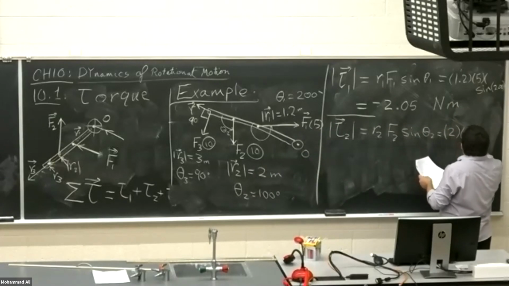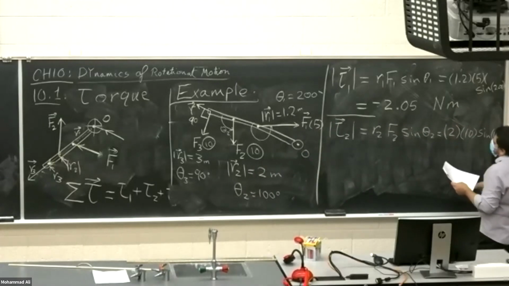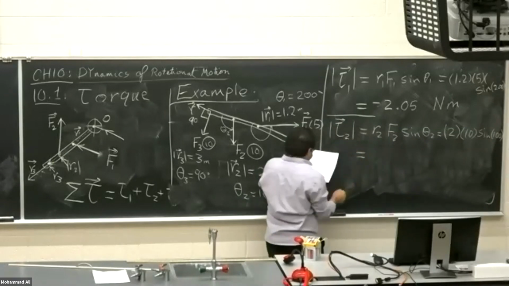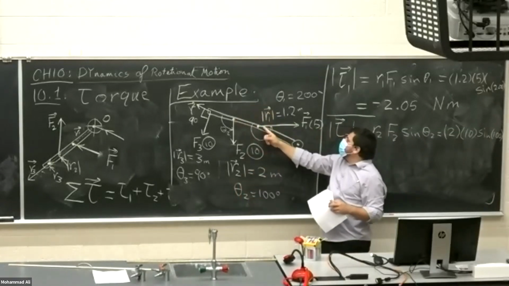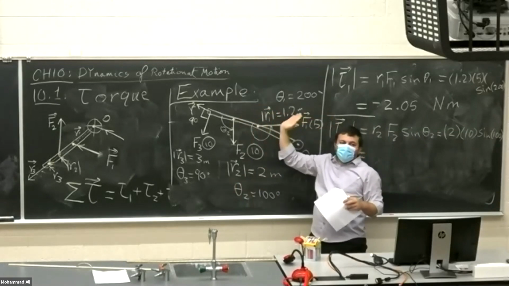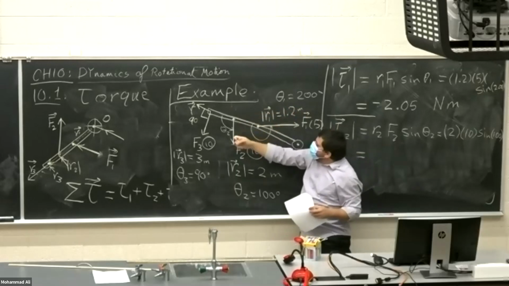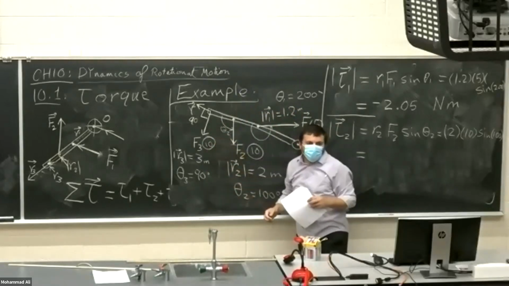The force is 10 multiplied by sine 100. The direction of the first force is the negative direction. It is clockwise direction. But for F2 and F3, it is counterclockwise. It will be positive torque.